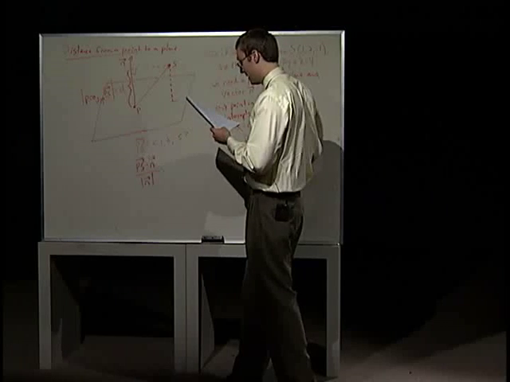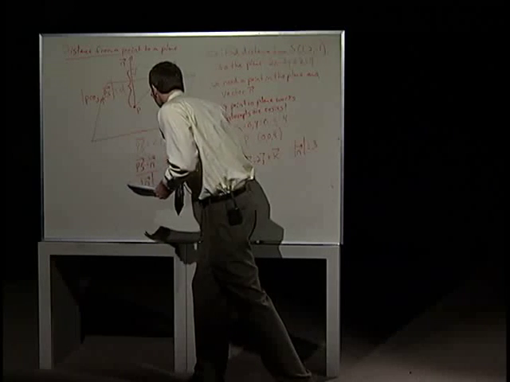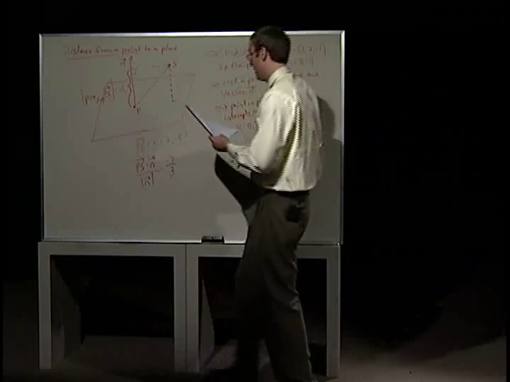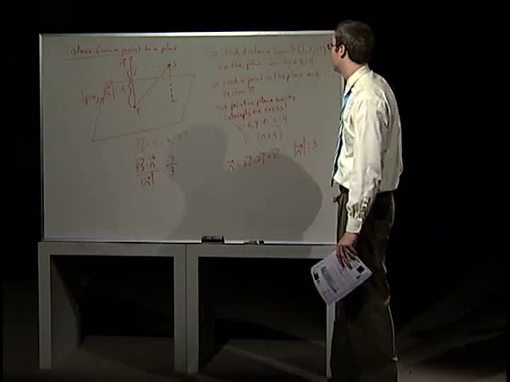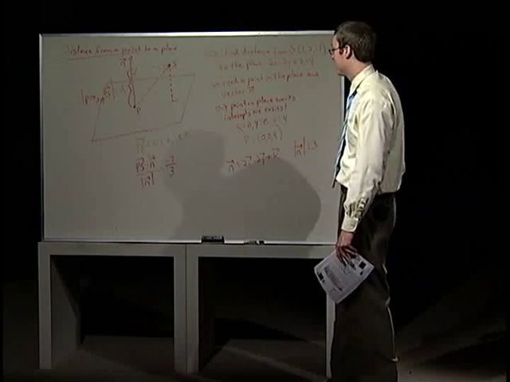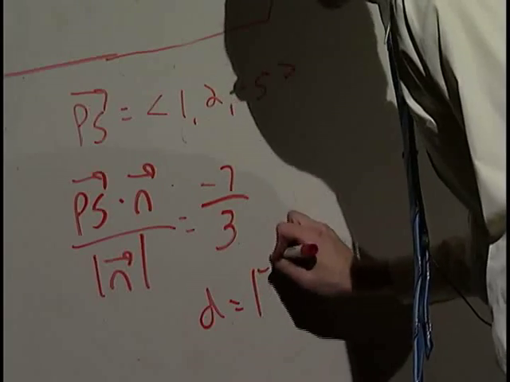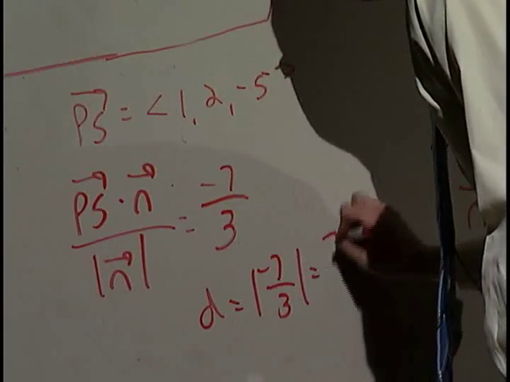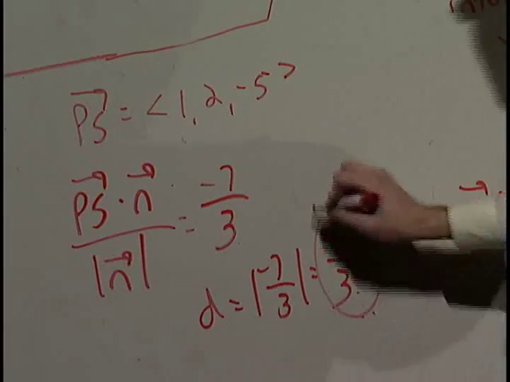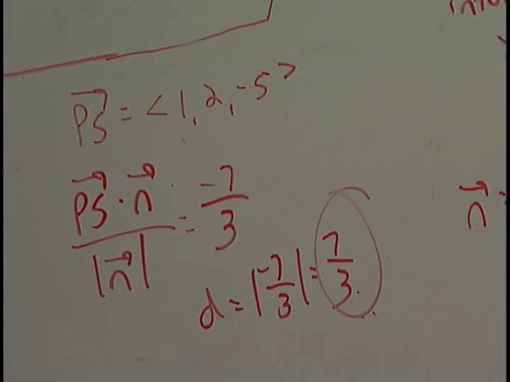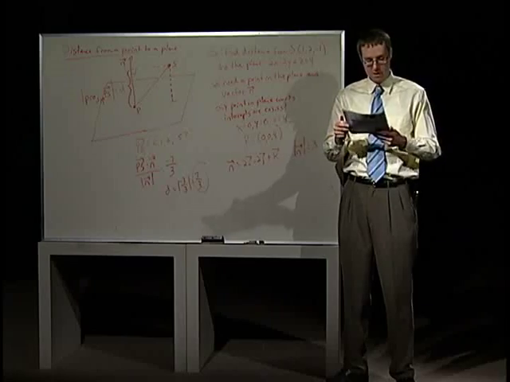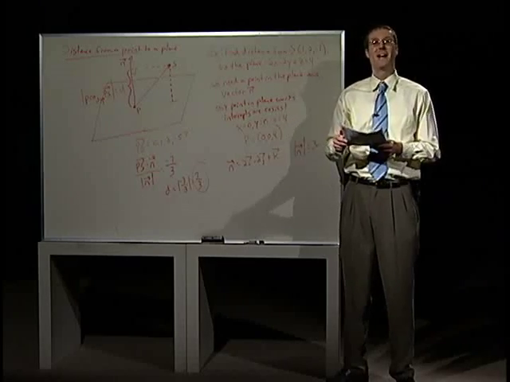Is that what I've got? Yeah. So this should be -7/3. And we need the absolute value of that. So d is equal to the absolute value of -7/3, which is 7/3. So there is your distance from point S to this plane. Okay, that's it for lines and planes in 3-space.